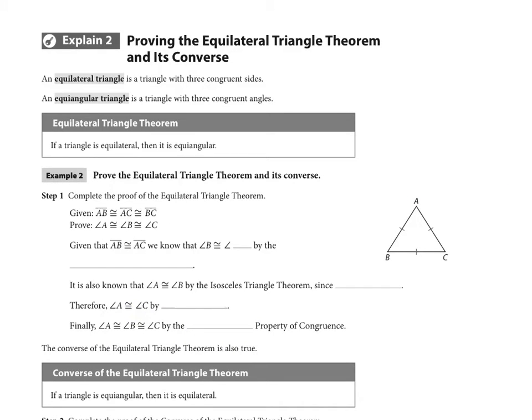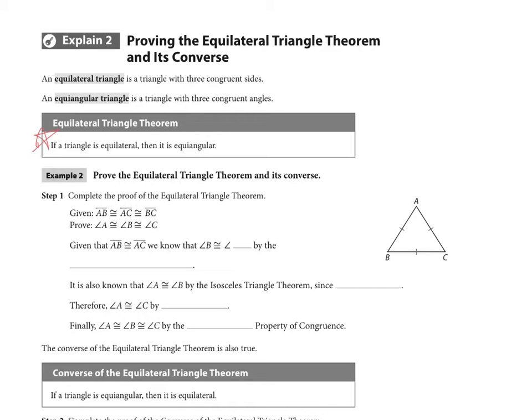Okay, now I'm on page 330, and we're moving on to equilateral triangles. Just like isosceles, they also have two theorems, one normal theorem and then the converse. So notice the information that we have here is still moving in the same direction. The theorem itself says if the sides are congruent, then the angles are congruent. If a triangle is equilateral, meaning all the sides are the same, then it is also equiangular, meaning all the angles are the same.